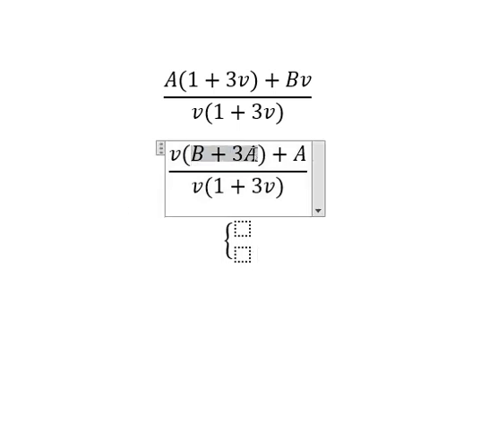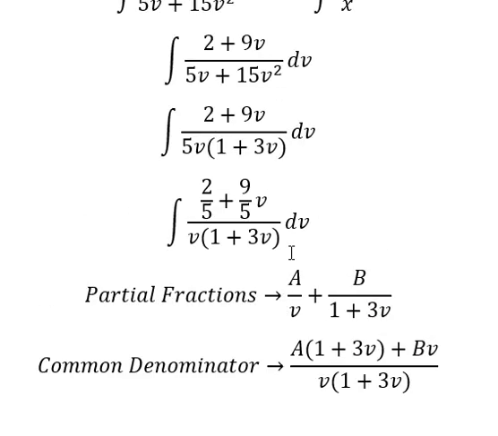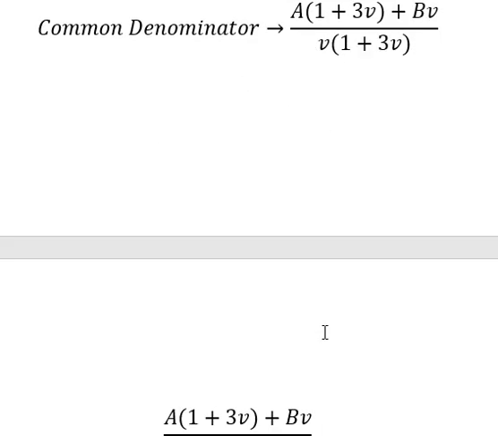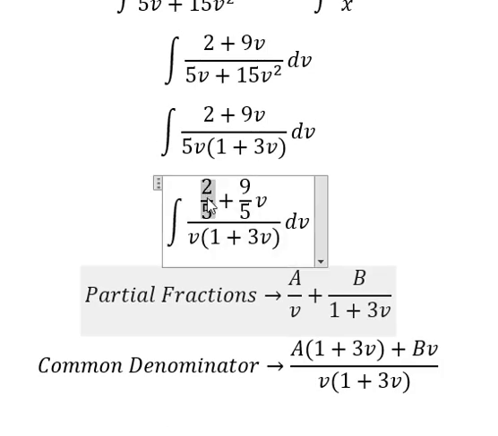So we see that this one, that is about v, we have 9 over 5. A, that is about 2 over 5.